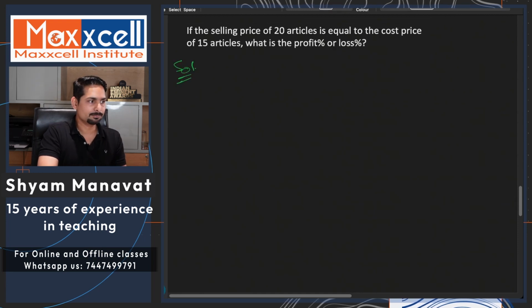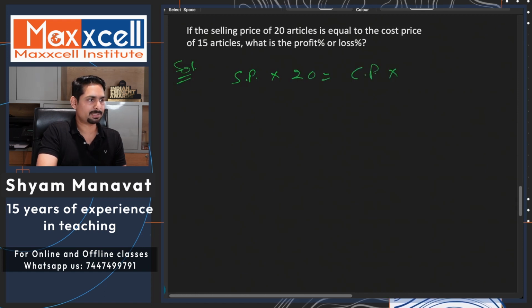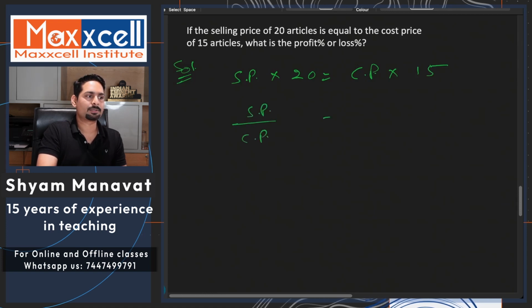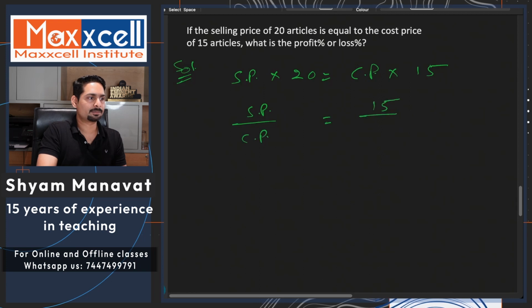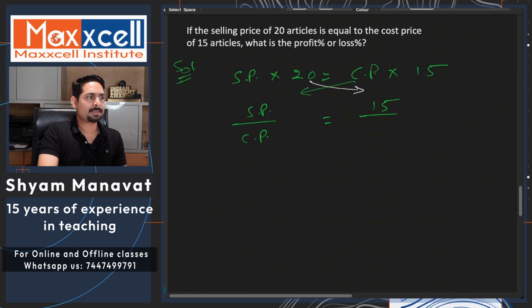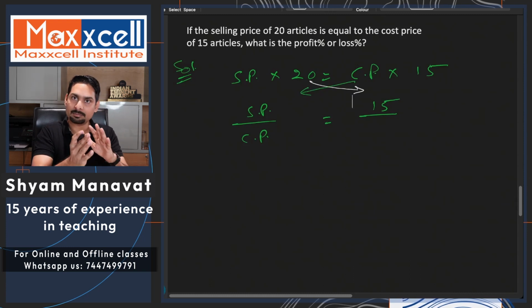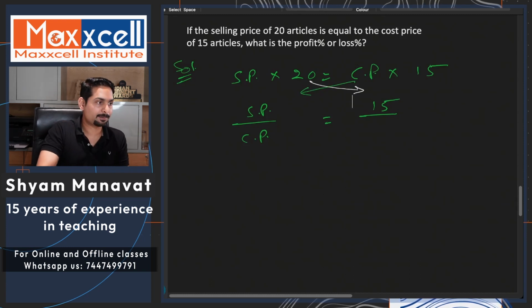Solution, keep it short. Selling price of 20 articles equal to cost price of 15 articles. Selling price by cost price equals 15 by 20, and this 20 I'll take this side. Numbers same side, variable same side.